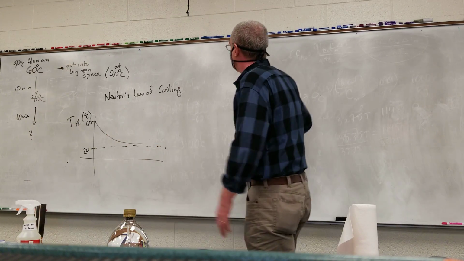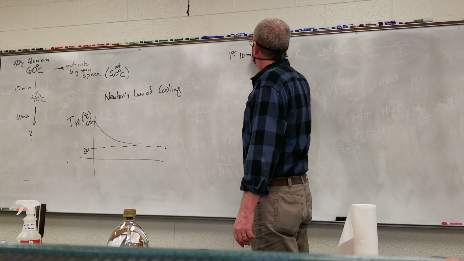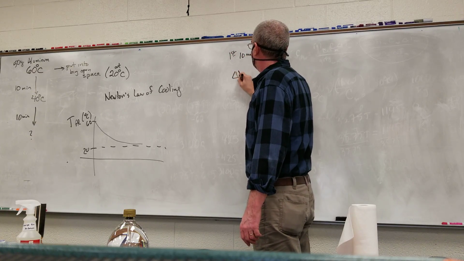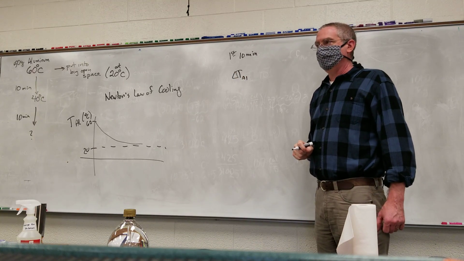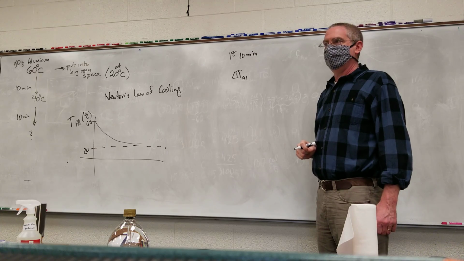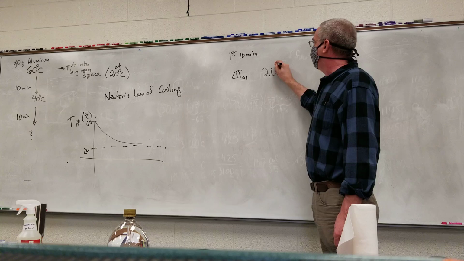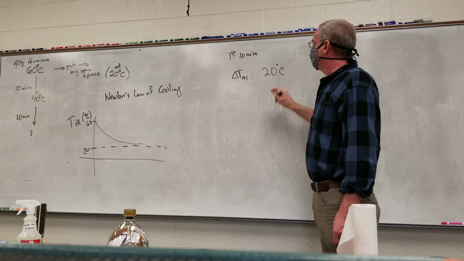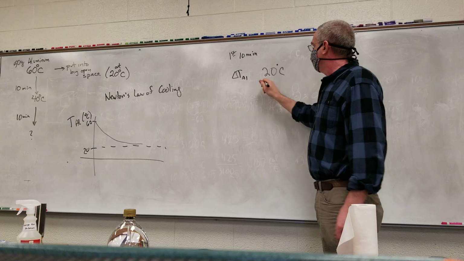So let's think about that. So the first 10 minutes. What was the change in temperature of the aluminum? 20 degrees Celsius. Technically negative, but we don't have to worry about the negative signs, they would all cancel out.